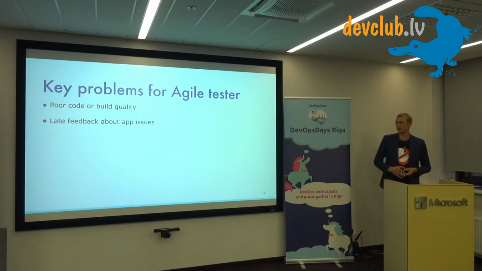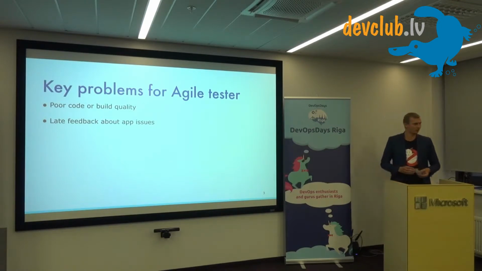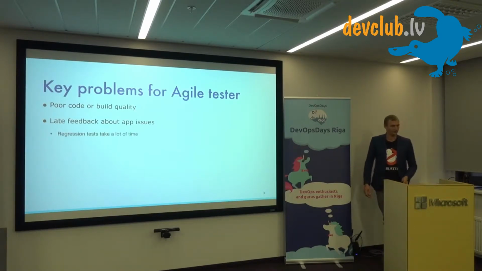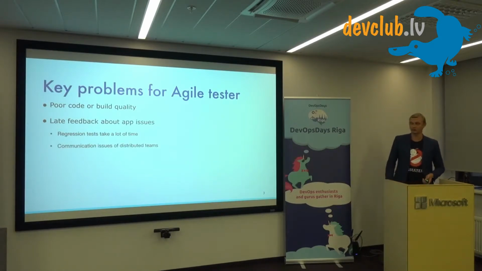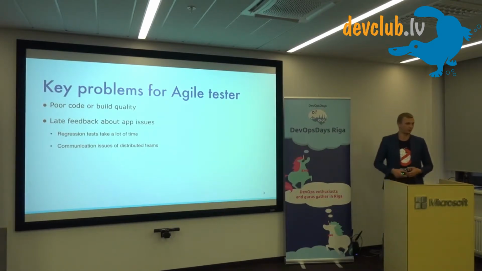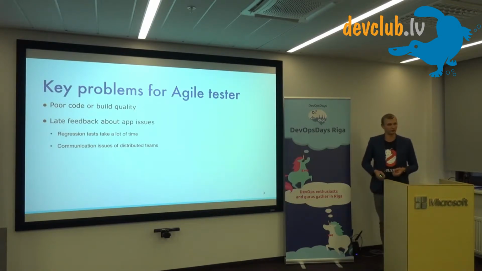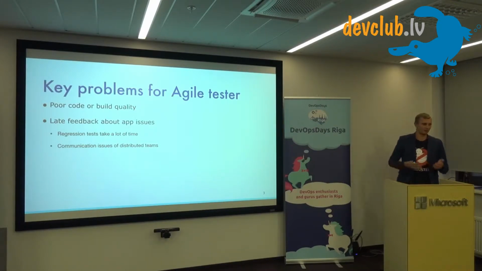So definitely there are some issues with communications or something. Also late feedback about issues, and usually they are caused by long manual regression tests. If the manual regression test for a tester takes 3 days, then there is a potential risk that some critical issues could be found on the third day, right before the release, and we would like to avoid that.